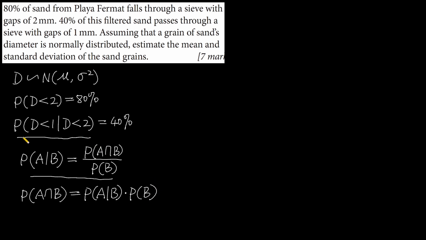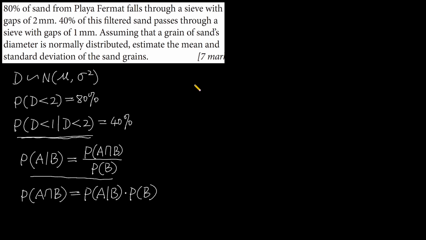Now let's go back to this conditional probability. So here, D is smaller than 1 is A, and D is smaller than 2 is B. So we use D is smaller than 1 to replace A here, and use D is smaller than 2 to replace B here.